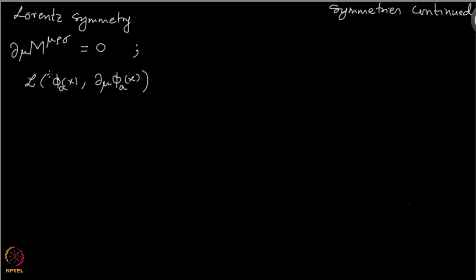I am interested in this because you saw earlier that in this case I could write a general expression for the conserved current, the formula which we wrote earlier. I will write it again, but that is valid when this is true.